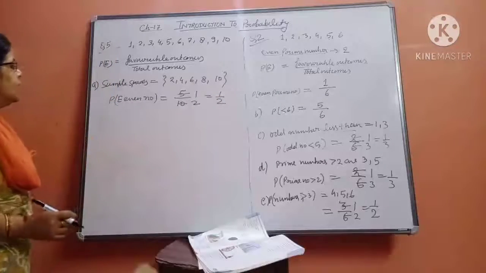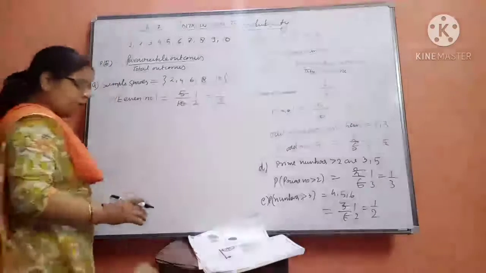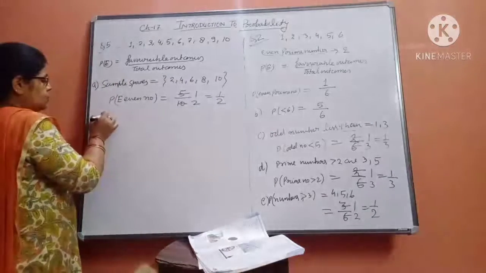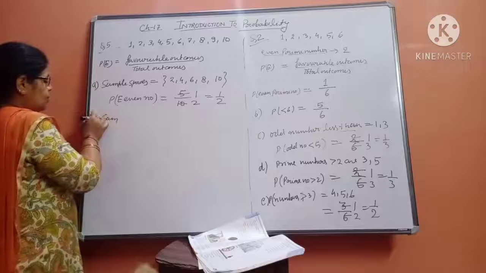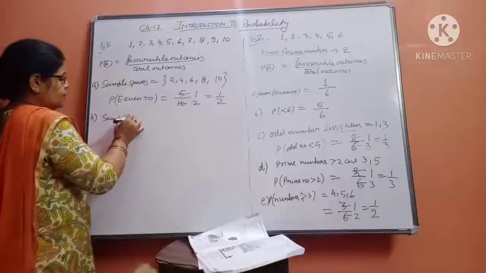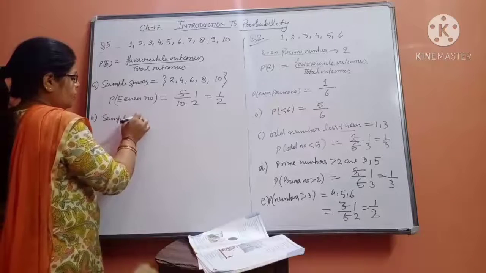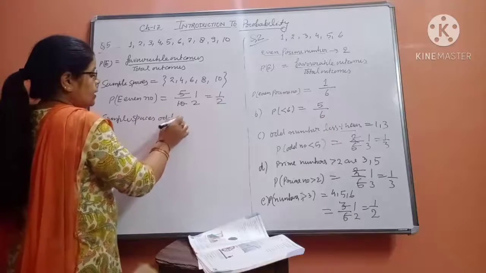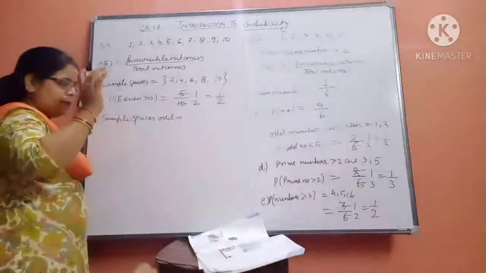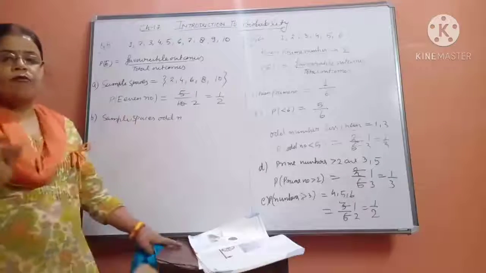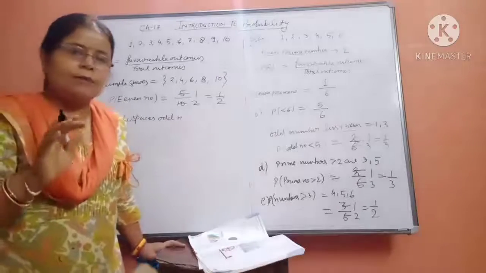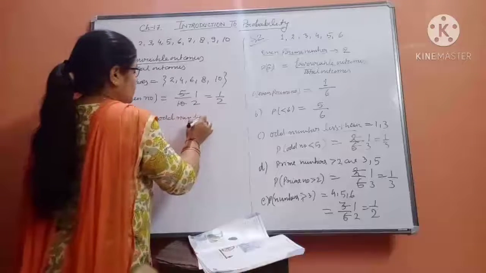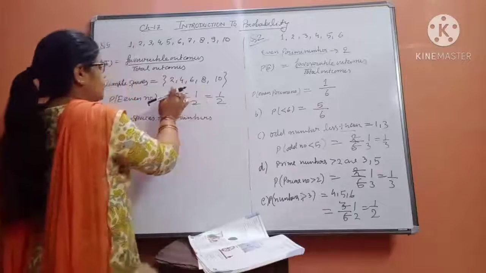Now the next part of the question is the probability of an odd number. So you just write sample spaces for B part. Out of every 10 numbers, 5 numbers are odd and 5 numbers are even. If 5 are even, then 5 will be odd.